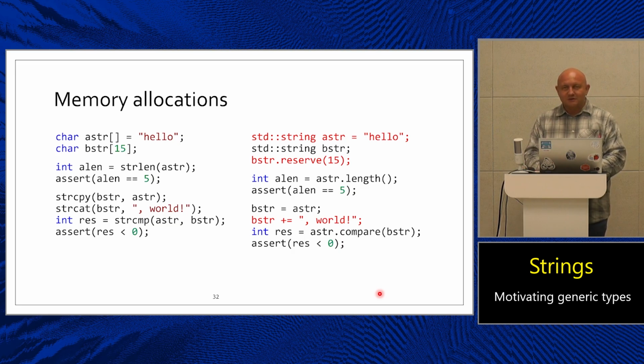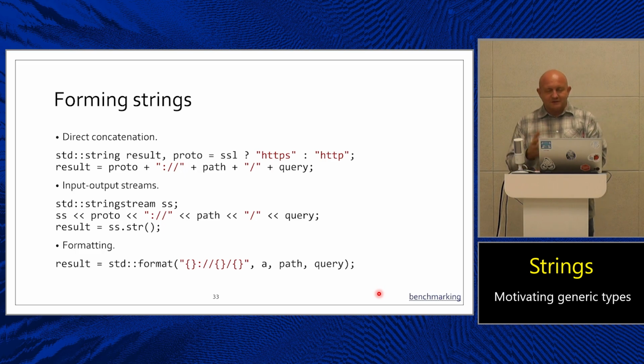And to demonstrate to you that memory allocations are a tricky thing, let me show you examples of forming strings. Of course, in the language where we do have 5 ways to write hello world, we have several ways to concatenate strings.